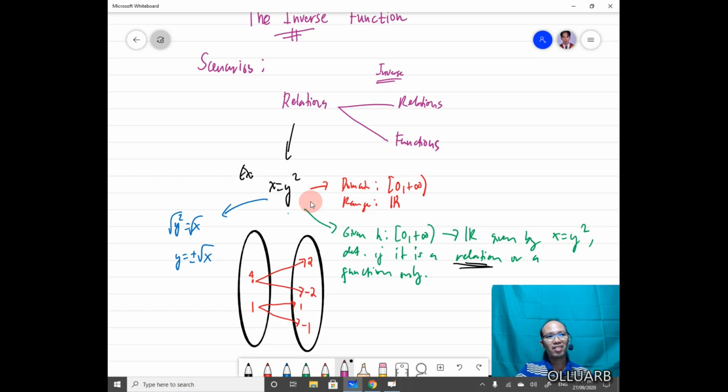That would be a very interesting scenario. Analyze what I said. There are relations defined by equations in which the inverse becomes a relation or a function, but there are also problems where it will not become a relation, and it will not become a function also.